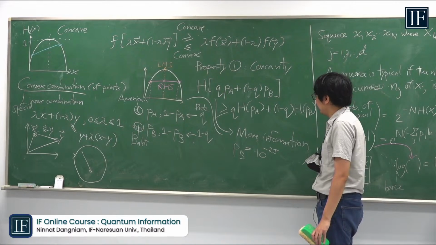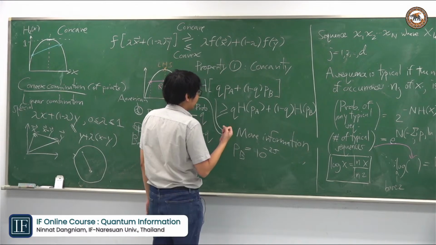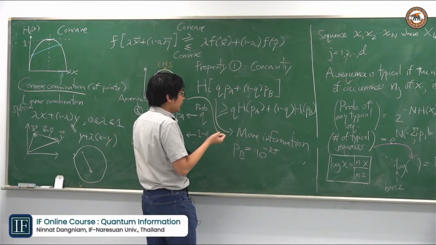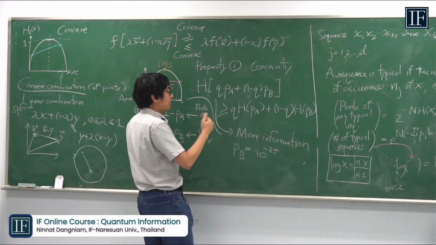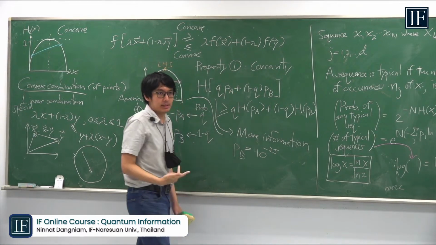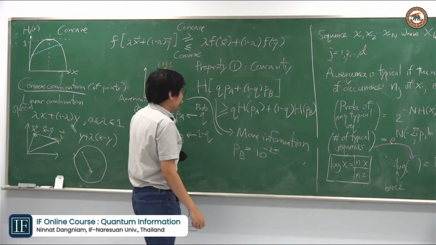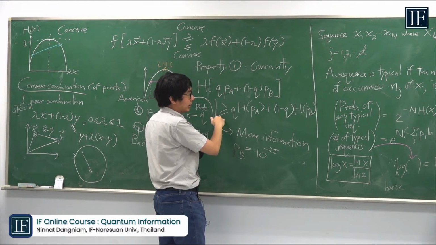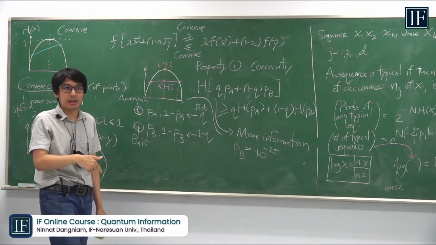So not sure what the question is, but maybe I can say it this way. Maybe this is just comparing the amount of information that you would get if your random variable is this, which means that I have two coins and I don't know which one it is, and then compare to the convex combination of the information that I would get if I just have one of that type of coins.